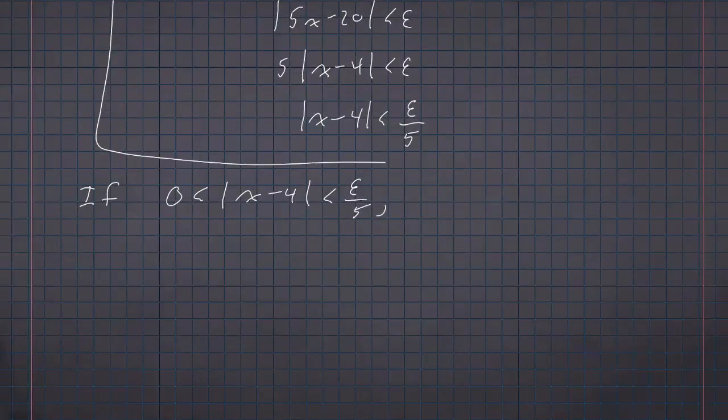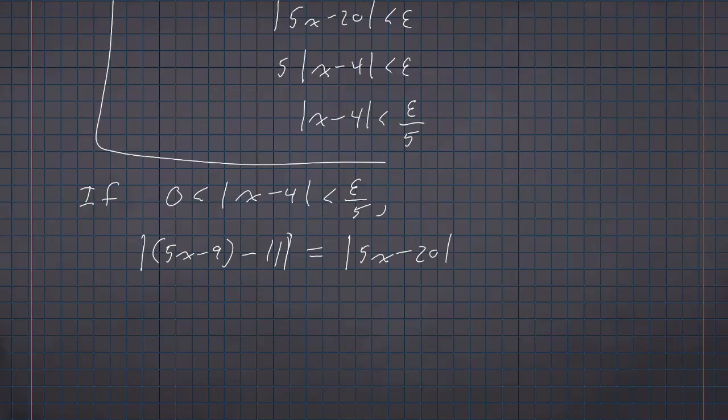then the absolute value of 5x minus 9 minus 11 is equal to the absolute value of 5x minus 20, which is equal to 5 times the absolute value of x minus 4. And by substituting in the inequality we have over here, |x - 4| is less than epsilon over 5.